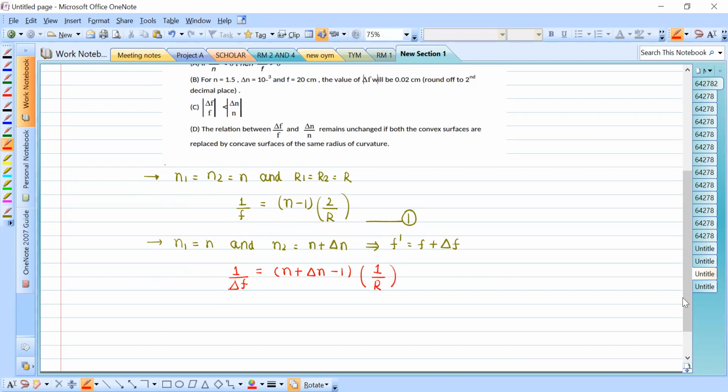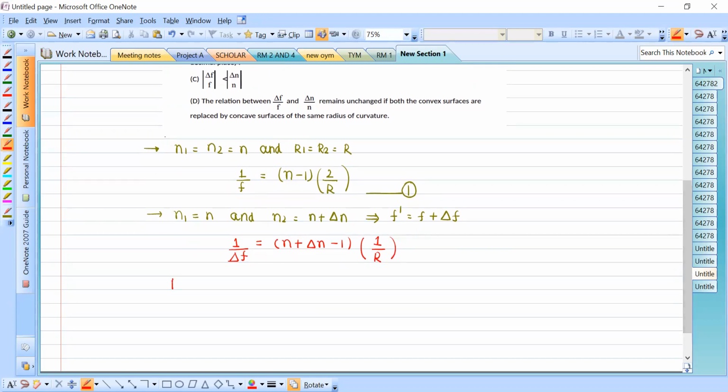Now we know that we have this new focal length, which is f plus delta f. So for one face only, we will write down our equation.